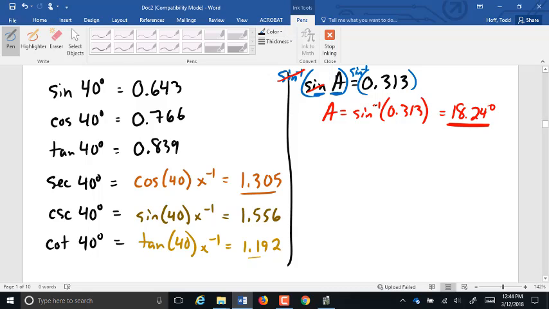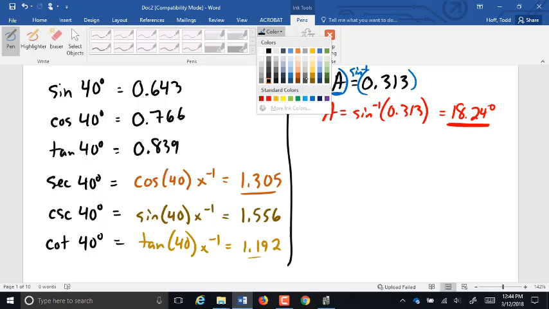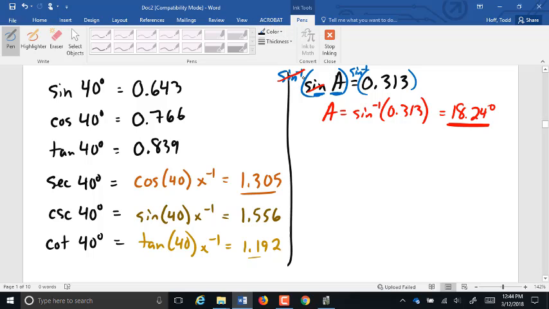No, that negative 1 is not a reciprocal there, it's an inverse. There are actually several different notations for that. Instead of sine negative 1, it's sometimes written as inverse sine like that. Also sometimes written as arc sine, because what you're doing is going from the actual ratio back to the length of the arc.